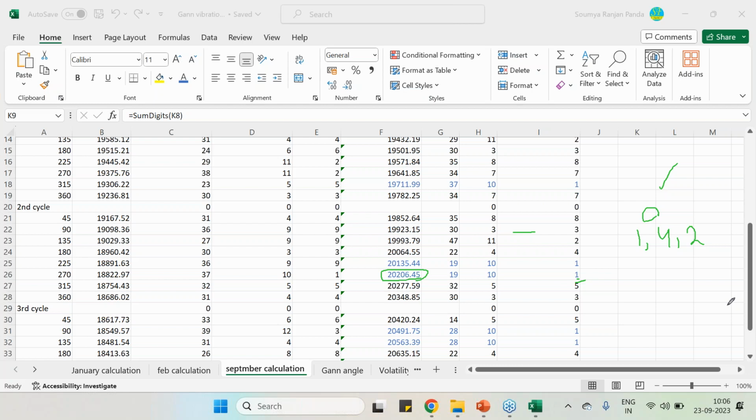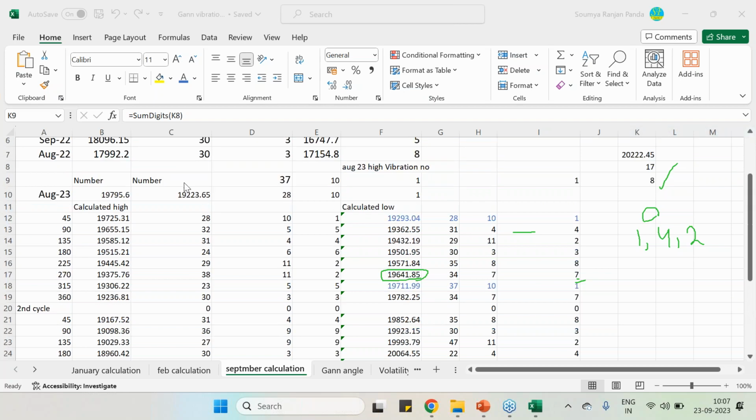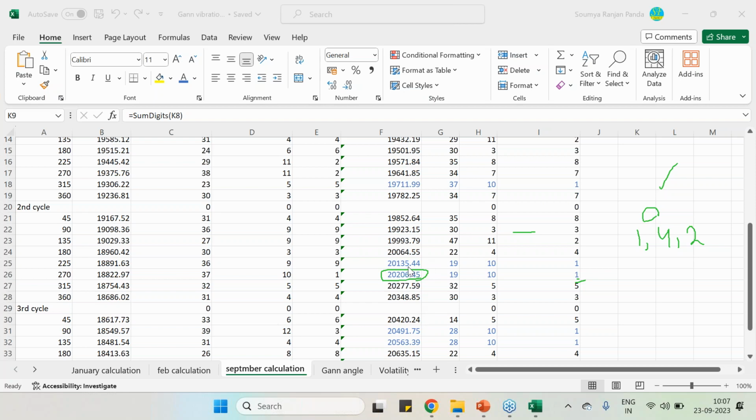But calculated from the August low, the high you have calculated comes to 20,135, 20,206. If this high is crossed, what will be the next high? Can anyone tell?